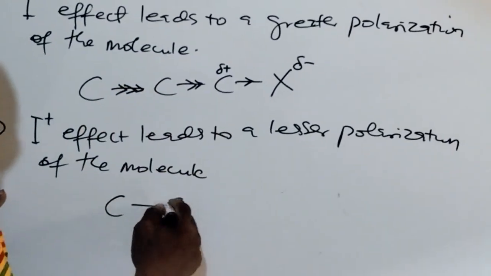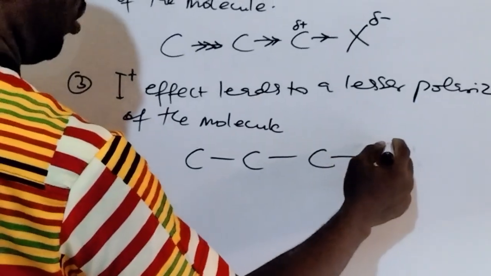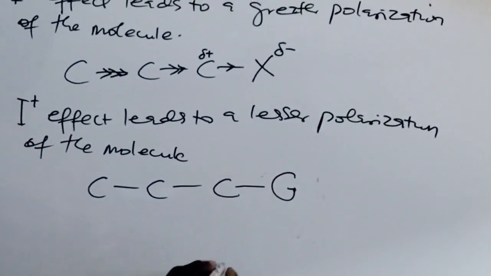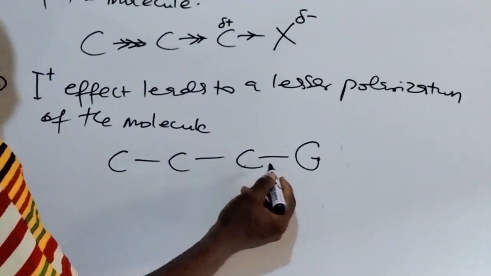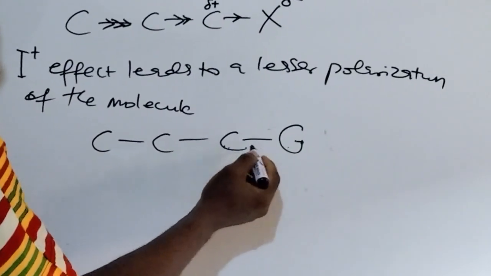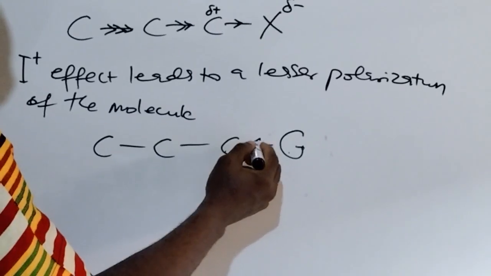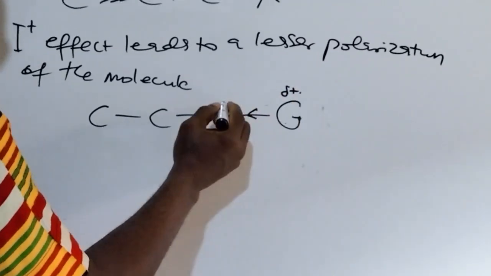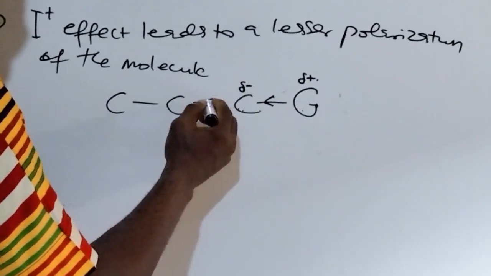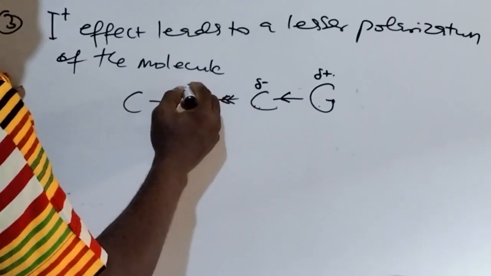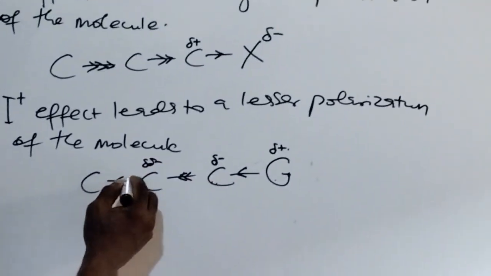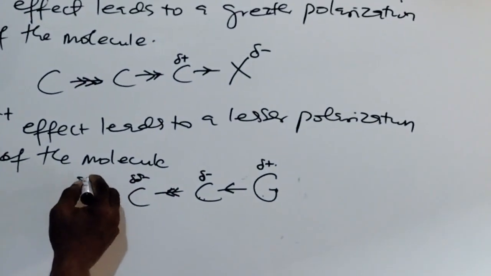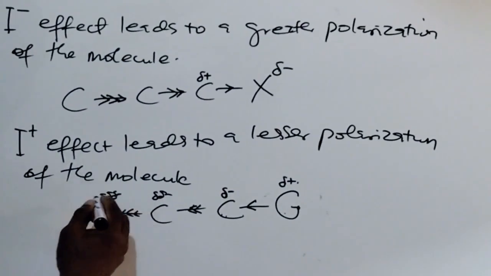Because in this one, let's say we have an atom G here. The carbon atom close to this one appears to be more electronegative than this one and draws the electrons more to itself, making this one become partially positive on the losing side, and this one partially negative. So that is all about inductive effect.